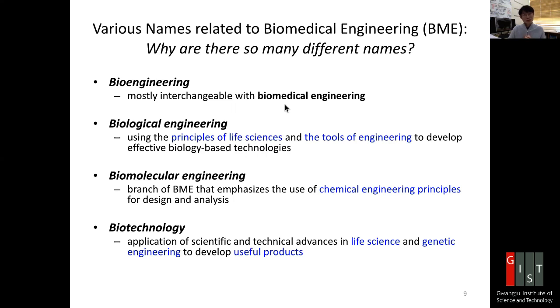Also, the course we call medical engineering emphasizes more on medical application, but in general, it's almost synonymous with biomedical engineering. Also, you can find a department of biological engineering, and this biological engineering uses engineering principles and principles of life science to develop effective biology-based technologies.